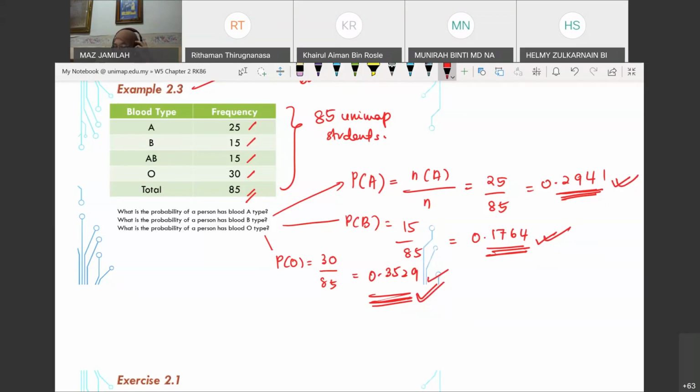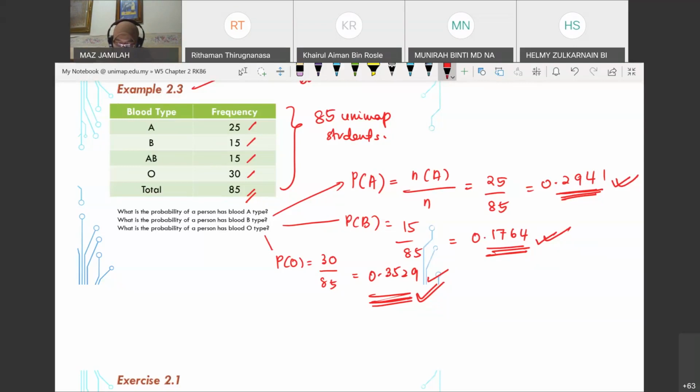Look at the frequency. Look at the frequency of each blood type. What can you observe, class? Obviously, you can see what from the frequency.